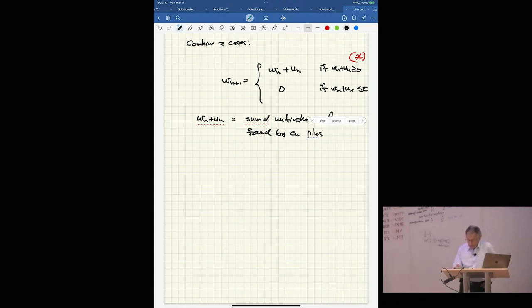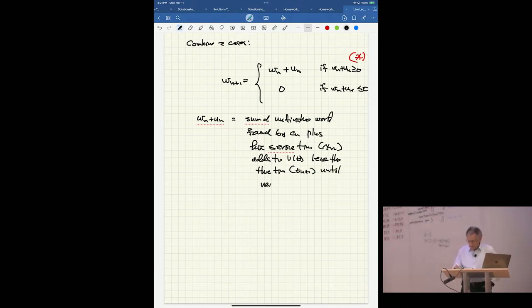Plus his service time, which is xn, which adds to the unfinished work, less the time Tn plus 1 until the next arrival, whose next arrival?